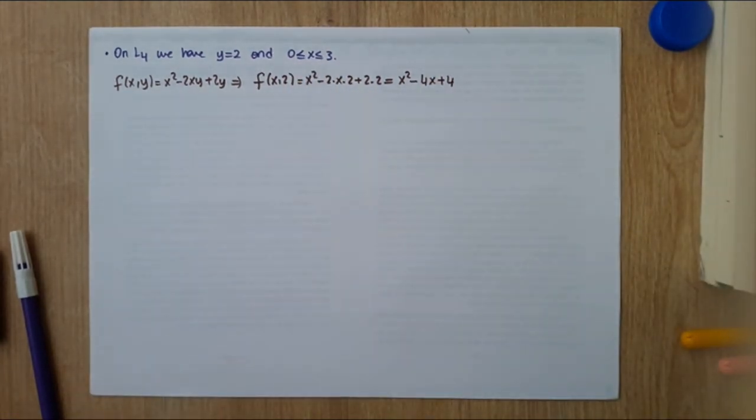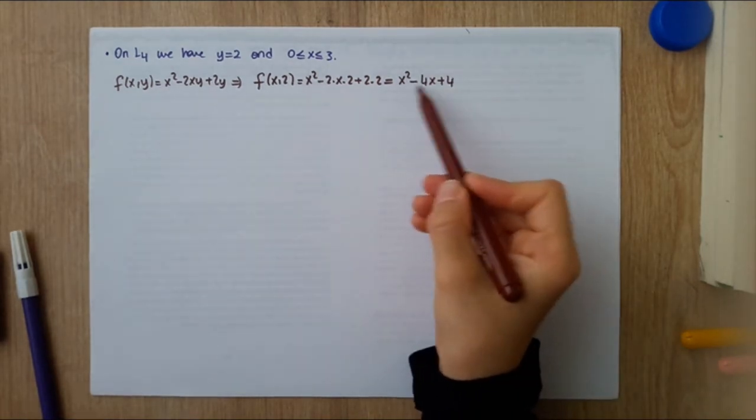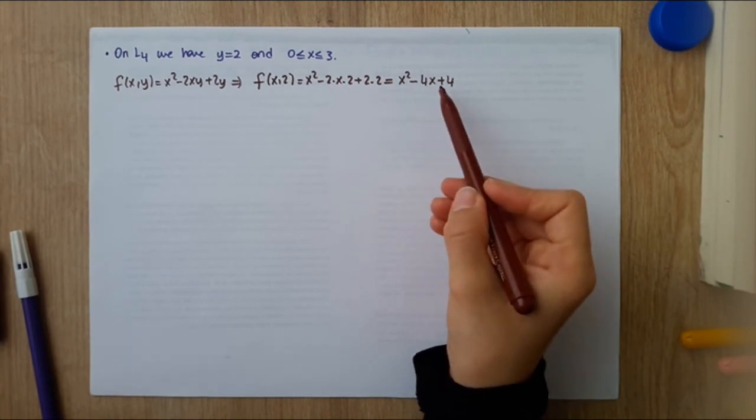To decide whether it is increasing or decreasing, we can sketch the graph, but it will be a little bit difficult for us. But I can define a new function, because as you can see, this is a single valued function, a single variable function.